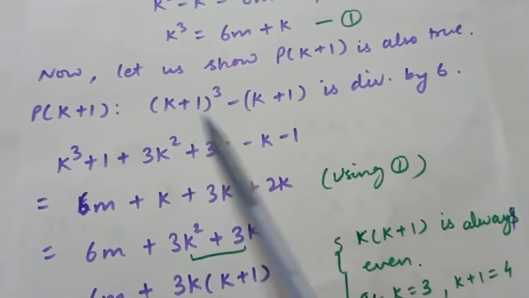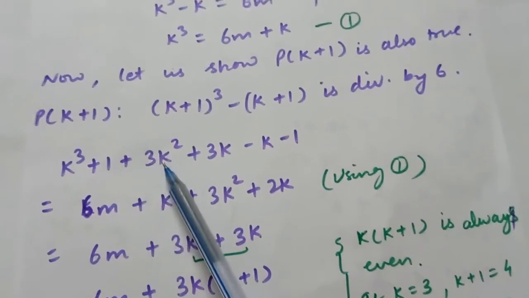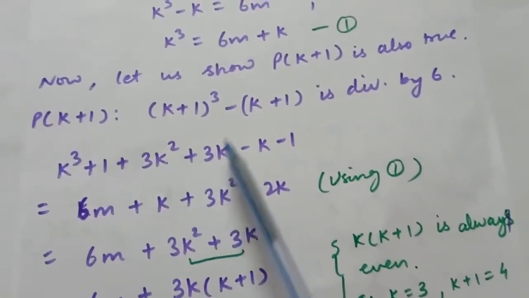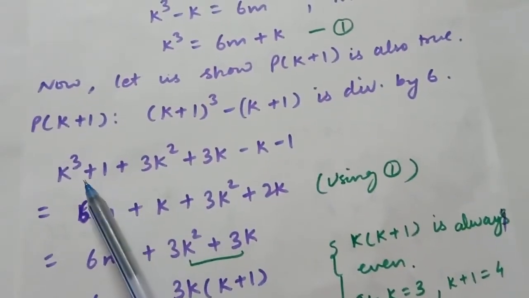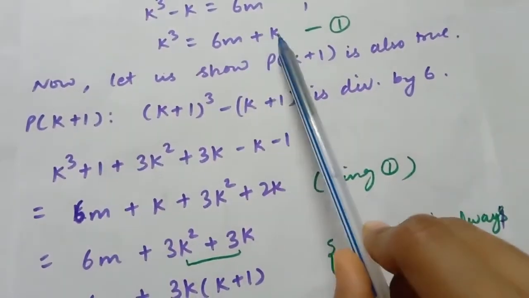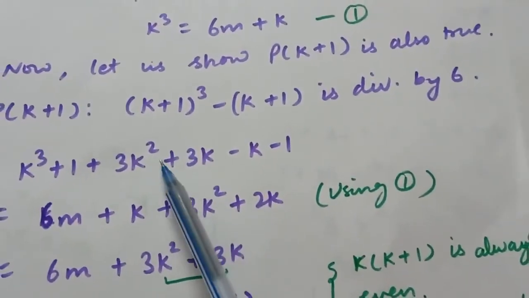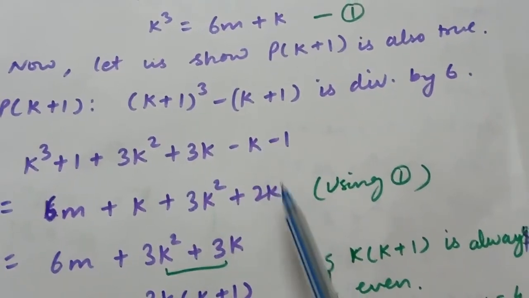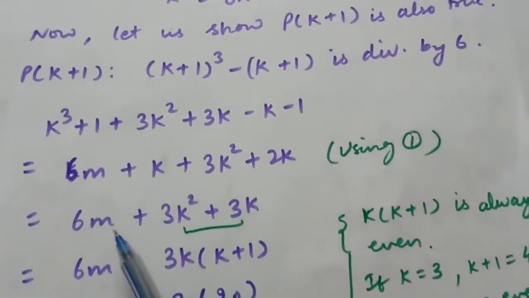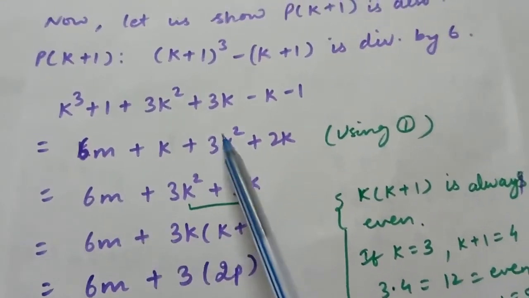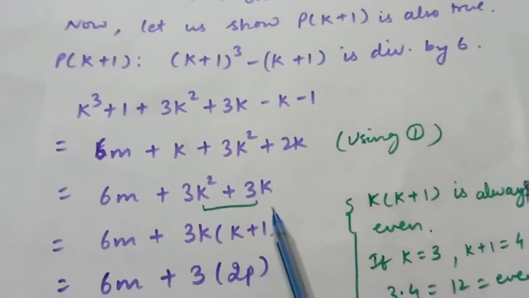Now taking this part, k plus 1 whole cube will be k cube plus 1 plus 3k square plus 3k minus k minus 1. In place of k cube, write the value 6m plus k, right, using 1, plus 3k square, this 3k minus k will be plus 2k, and 1 gets cancelled, right? Now this will be 6m plus 3k square plus k plus 2k is 3k, right?